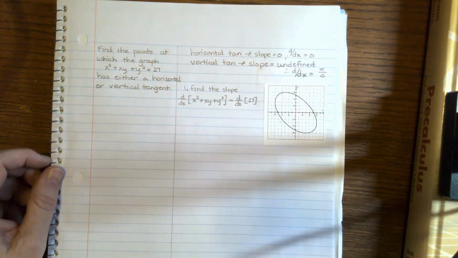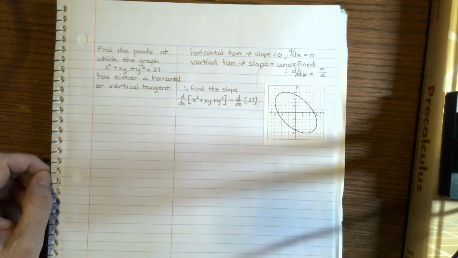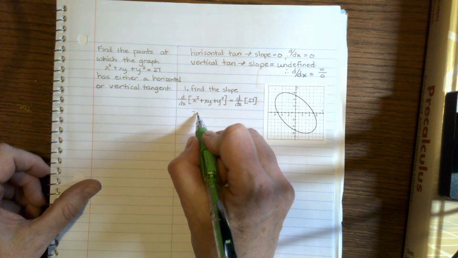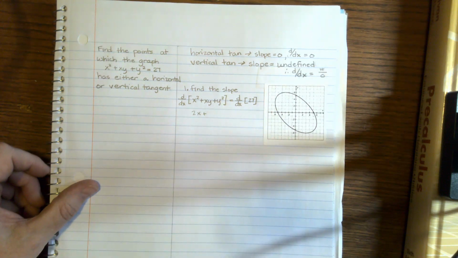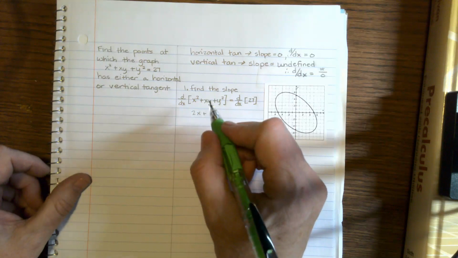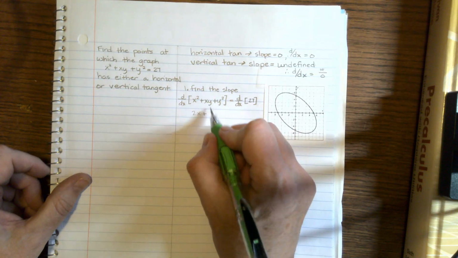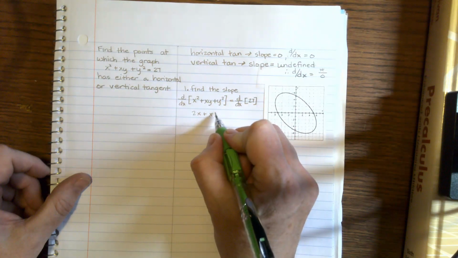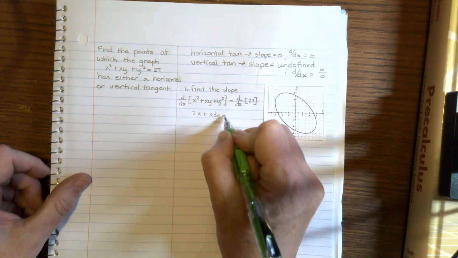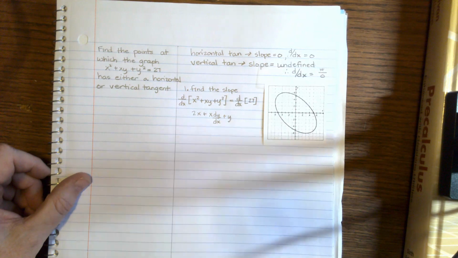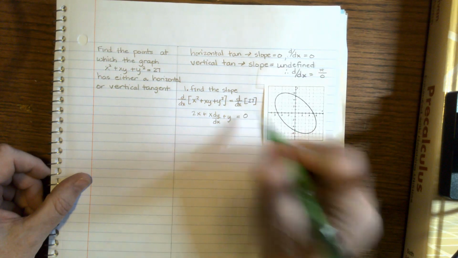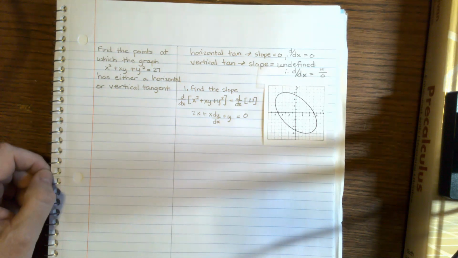Okay, so we've been doing these implicit differentiation problems, so this should be okay. Okay, we know right here that we have the product rule going on. So I'm going to write the first derivative of the second plus the second derivative of the first. Derivative of a constant is 0.